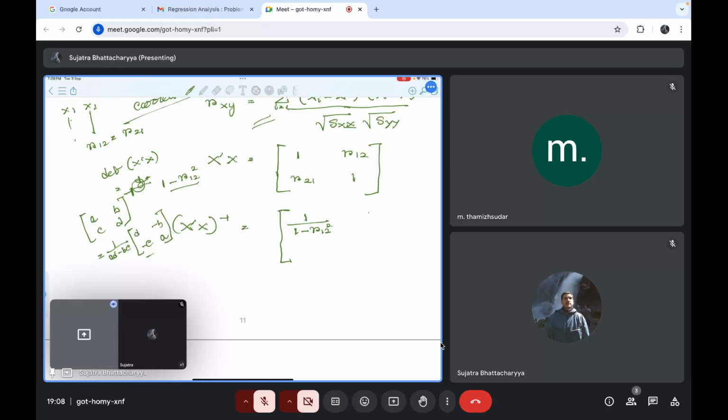This is minus R12 divided by 1 minus R12 square. You can write it R21, it doesn't matter. And this is 1 upon 1 minus R12 square. That's all. So this is X dash X inverse.